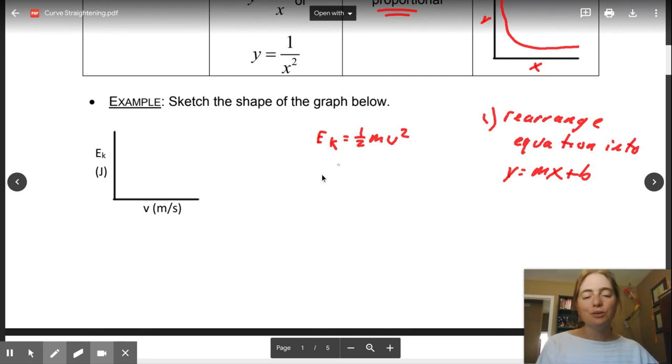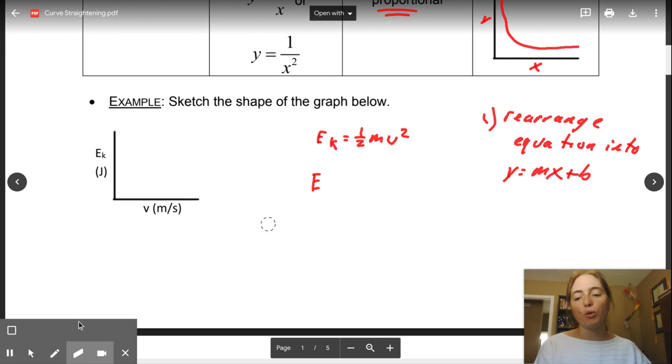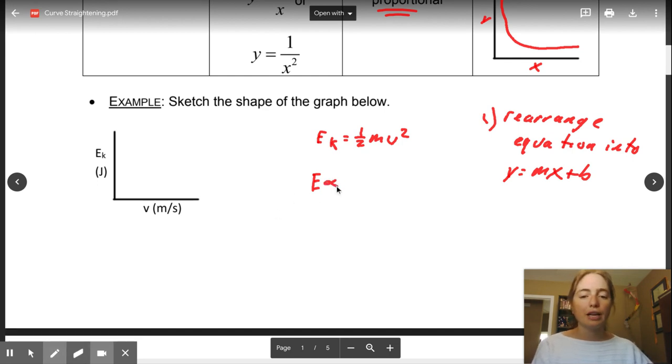So let's get rid of all this because these are going to stay the same. We can write this as a proportionality: your kinetic energy is proportionate to v squared. What this means is that if the 1/2 m stays the same, if the mass stays the same, then the kinetic energy will change proportionally to the square of velocity.